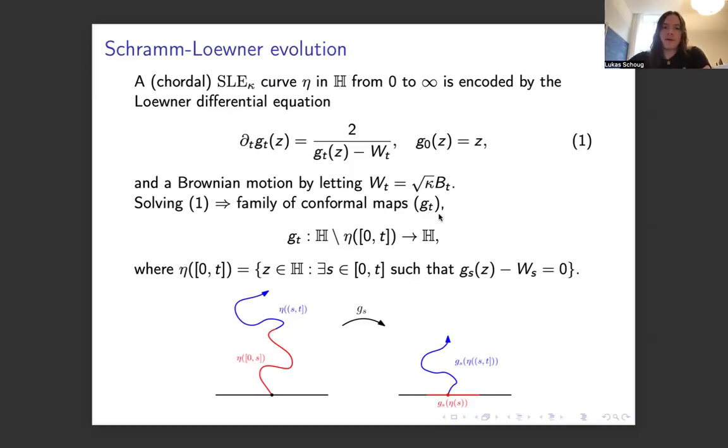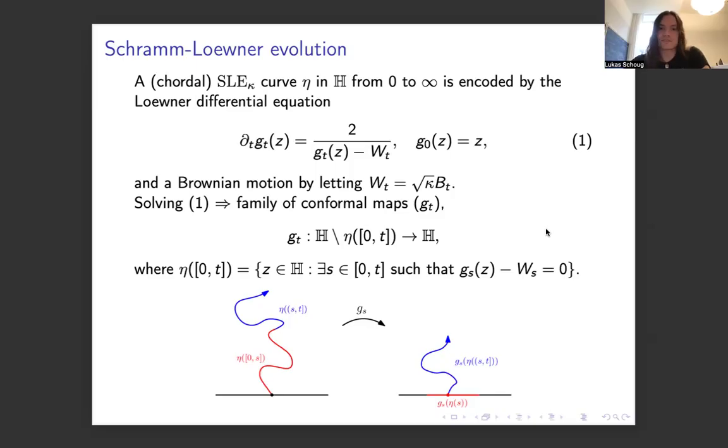So these conformal maps map a subset of the upper half plane back into the upper half plane, and the complement of the domain of the function turns out to be the SLE curve, whenever we pick kappa to be at most 4. It's a little bit more complicated if you pick kappa bigger than 4.